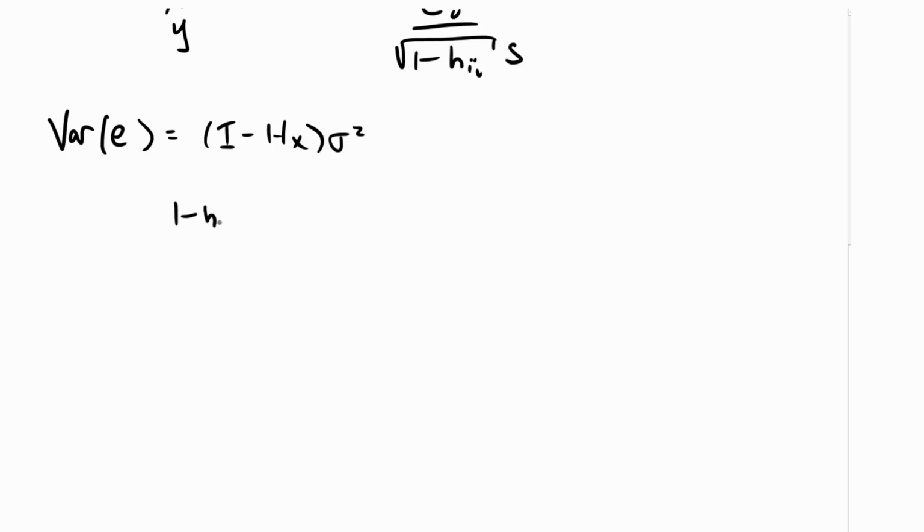So 1 minus h_ii, this quantity in the denominator of our statistic, has to be greater than or equal to 0, so h_ii has to be less than or equal to 1. So the diagonals of our hat matrix always have to be bounded from above by 1. This is a fact that we're going to use later on when we use our hat diagonals as a diagnostic measure.